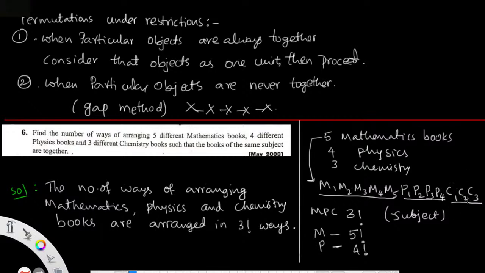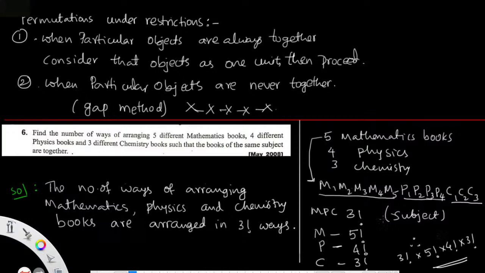Next, chemistry books also need not be in the order C1, C2, C3. This is called internal arrangement, so three chemistry books can be arranged in 3 factorial ways. Therefore, the total arrangements with the same subject together are 3 factorial into 5 factorial into 4 factorial into 3 factorial.